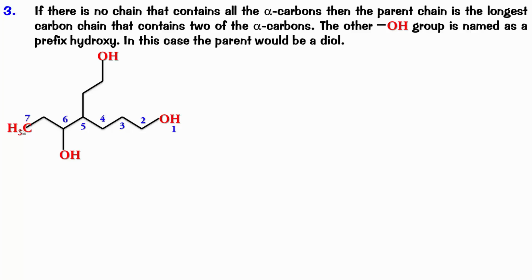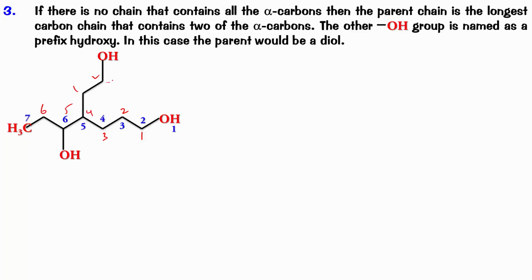There is one particular mistake. OH is not 1. The 1 is this. 2, 3, 4, 5, 6, and this is of course 7. So numbers have got a little bit shifted to the right, but this is the right numbering, the ones shown by the red. So if this were the case, then what would be the name? Well, you have 5 and this would be 1, 2. In 5 you got a substituent 1, 2.